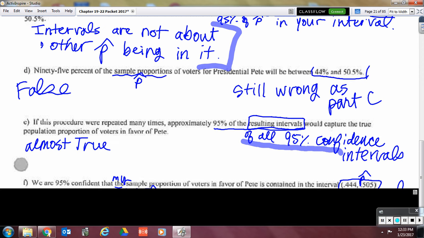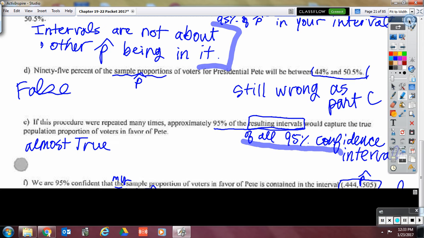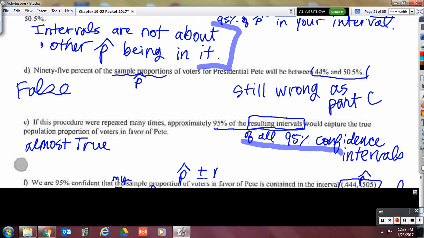No. How did I make my interval? I make my interval with p hat, and then I go plus or minus that margin of error. And that's how I get the interval. So how confident am I that my p hat's in my interval? Pretty much 100%.